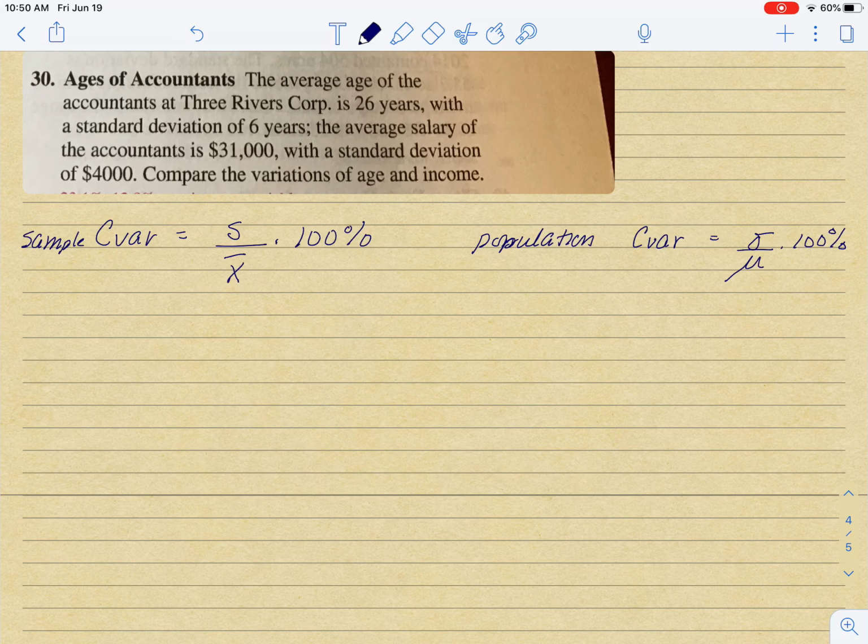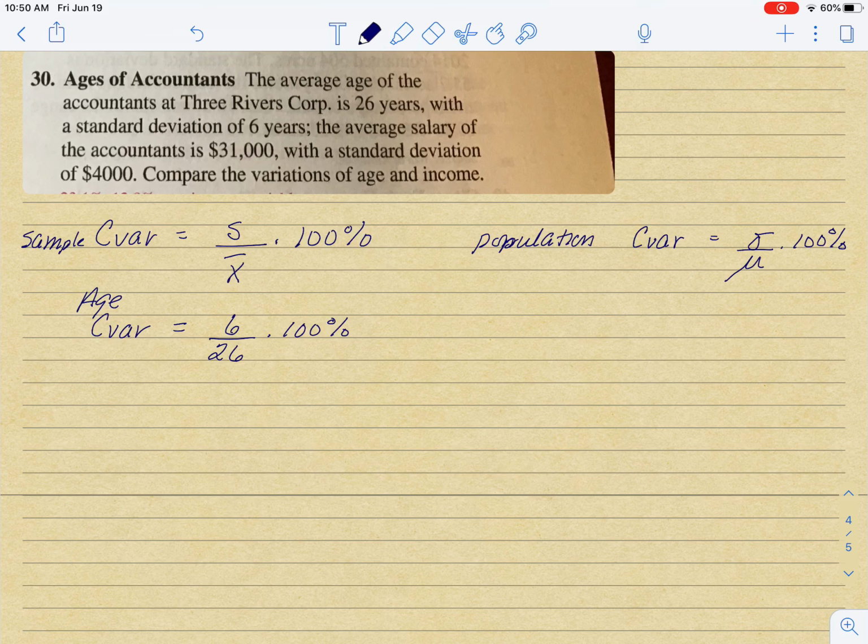So let's do CVAR for age. That's going to be the standard deviation, which is 6, divided by the mean, which is 26, and we're going to multiply by 100%.